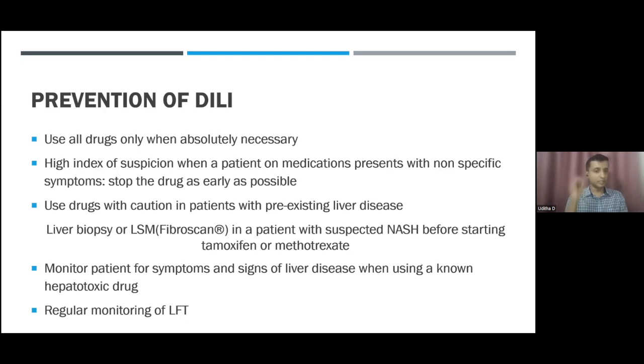For example, a liver stiffness measurement in a patient with suspected non-alcoholic steatohepatitis before starting things like tamoxifen or, more importantly, methotrexate. If the patient already has significant fibrosis, we would avoid drugs like methotrexate. And of course, you have to monitor the patients frequently for symptoms and signs of liver disease, as well as monitor the patient biochemically very frequently for any alteration of liver functions.